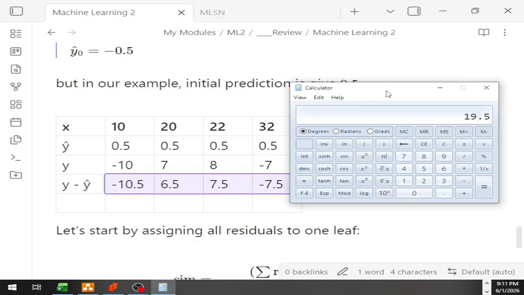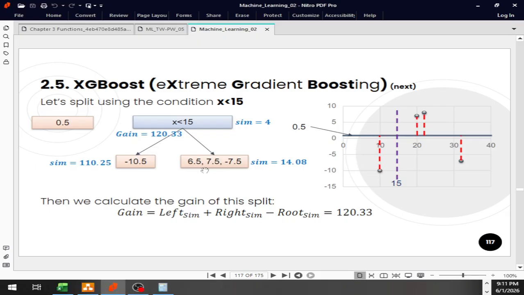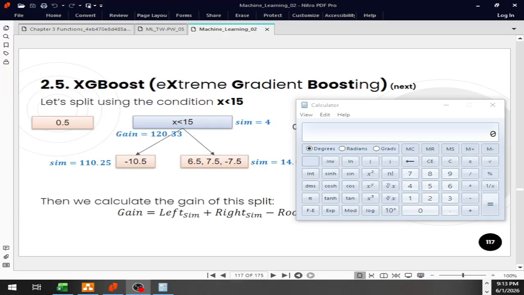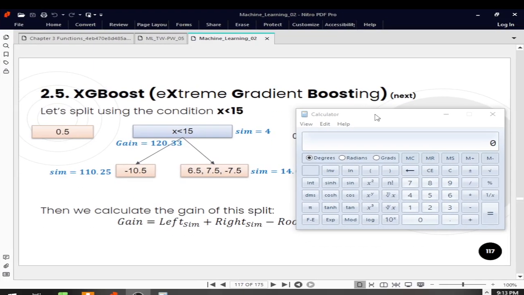Let's check whether it's 6.5. Sorry, I actually didn't pay attention to what I was writing, yet it was right.